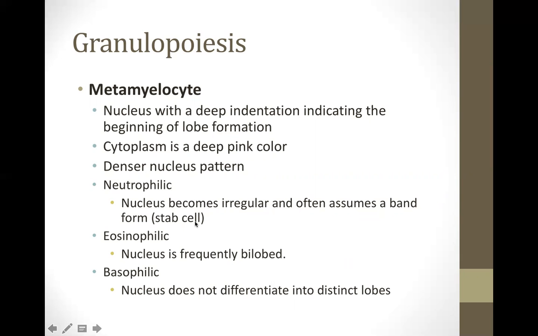The nucleus becomes irregular and nagko-form ng band. In eosinophilic metamyelocyte, it is frequently bilobed, but in the basophilic metamyelocyte, the nucleus does not differentiate into distinct lobes as of this stage. Ang tatandaan nyo lang dito in the metamyelocyte is the beginning of lobe formation and the neutrophilic metamyelocyte is known as your stab cell.